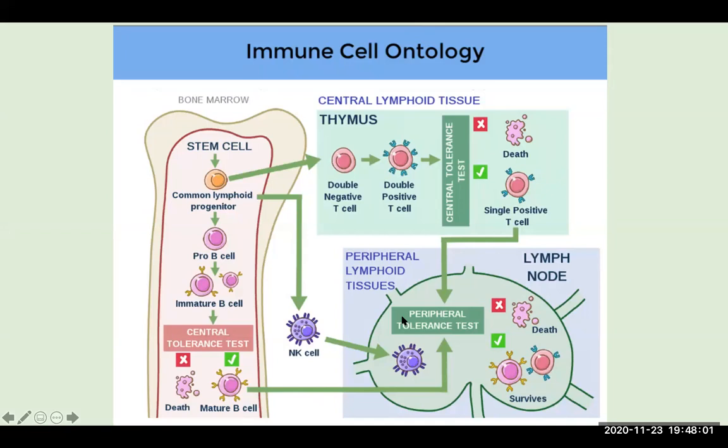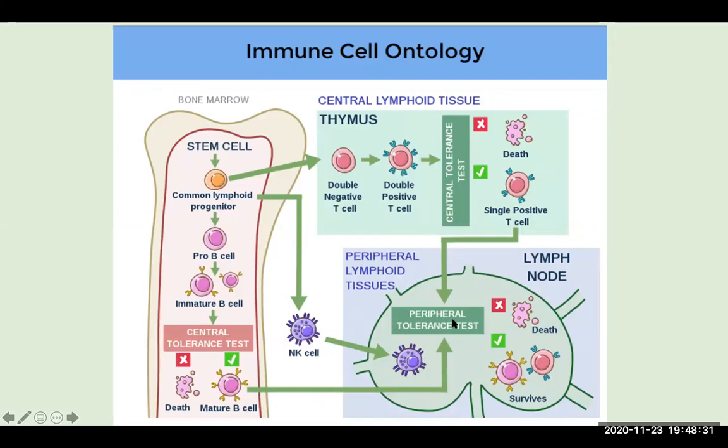Okay, so our immune system is incredibly powerful. It's powerful enough to kill ourselves. So we have to control our immune response so that we don't harm ourselves or we limit the harm to ourselves. Okay, so peripheral testing is to make sure that we're not going to have overactive cells that give us way too strong of an immune response.